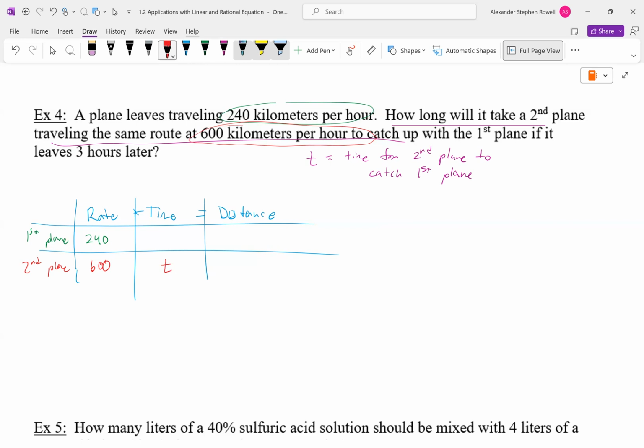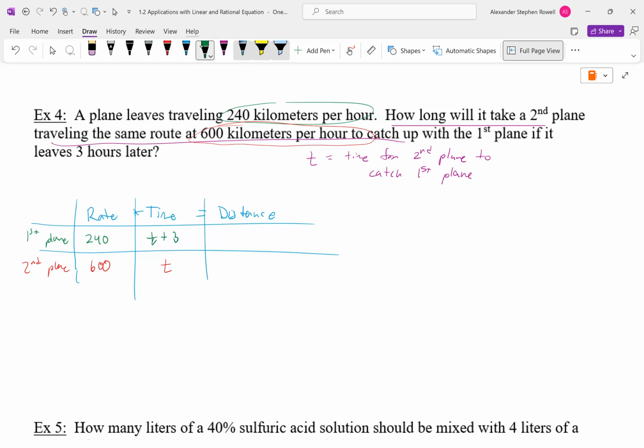So is the first plane traveling longer or less time than the second? All right, let's do the diagram again. First plane, second plane. Which one was going for longer? First plane, right? How much longer? 3 hours longer. So this is t plus 3.